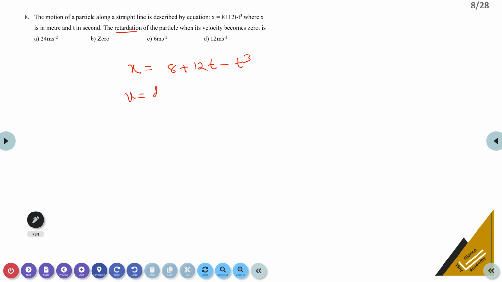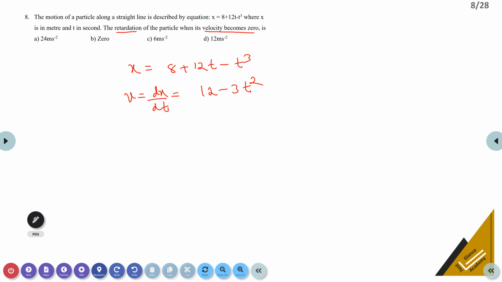Here, velocity equal to dx by dt equal to 12 minus 3t square. Now you have to find the retardation when the velocity becomes 0, exactly similar to the previous problem.